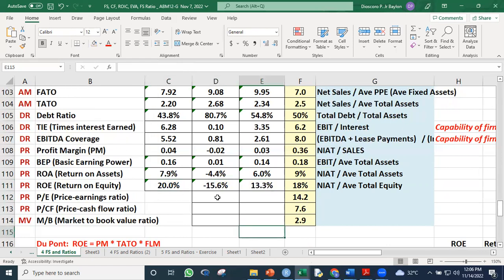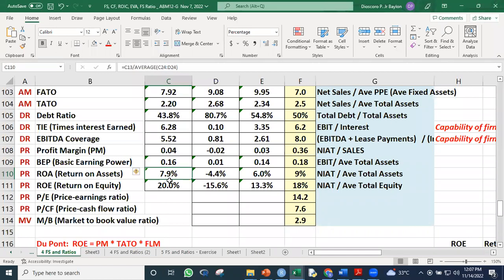Okay, so anong interpretation ito, class? Again, just take a look at the formula. For every peso of total assets invested by the company, the management was able to generate profits of around 8 centavos, no? Sa bawat piso ng benta, or for every 100 pesos of asset invested, the company was able to generate 7 pesos and 90 centavos of profit.